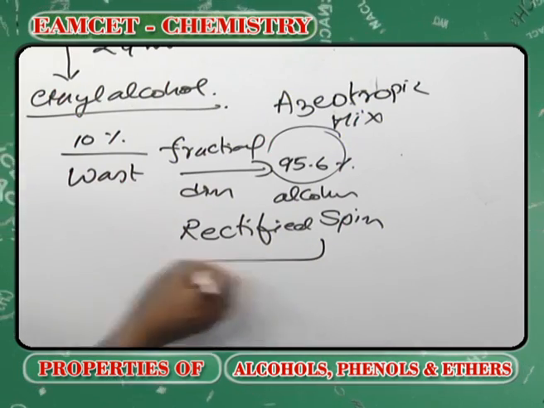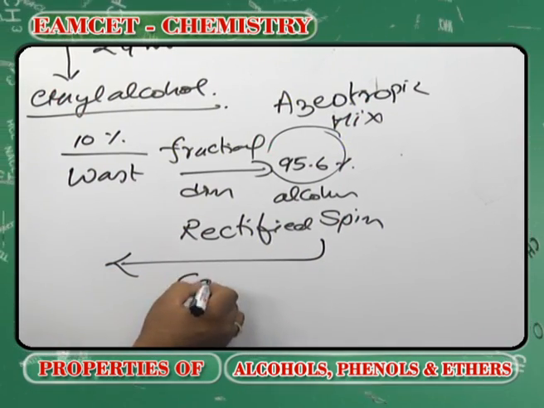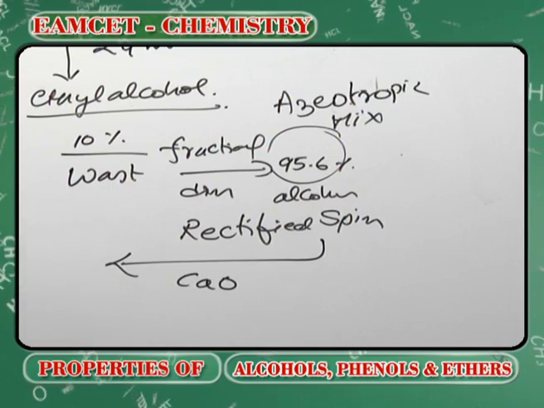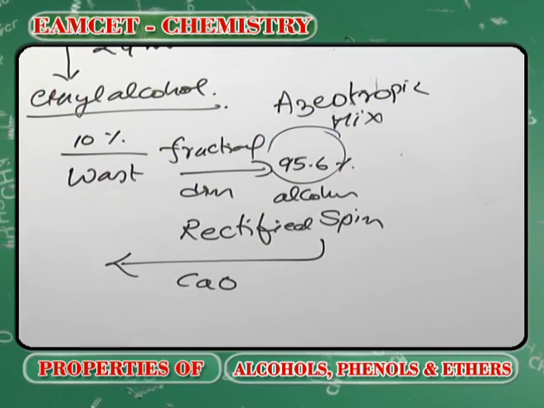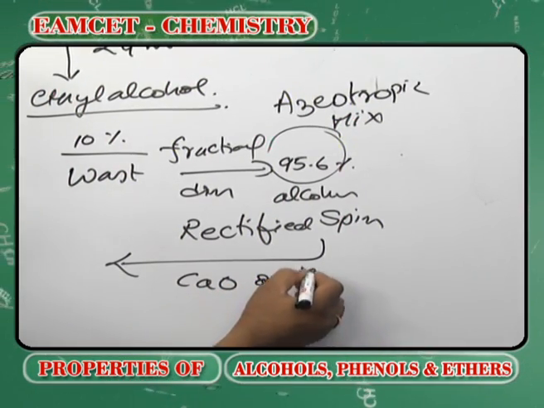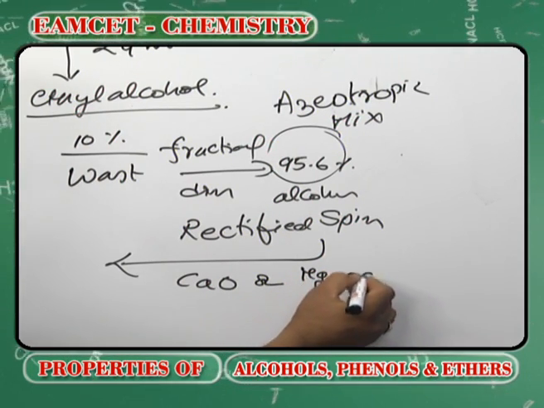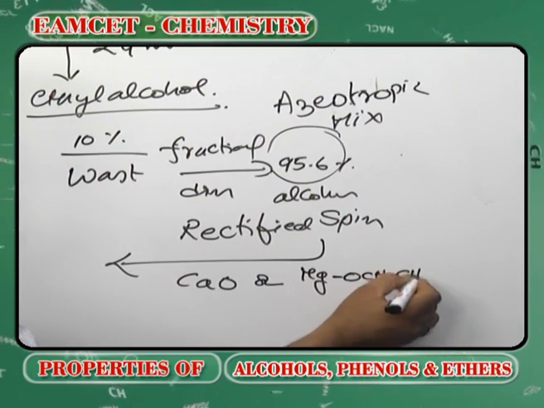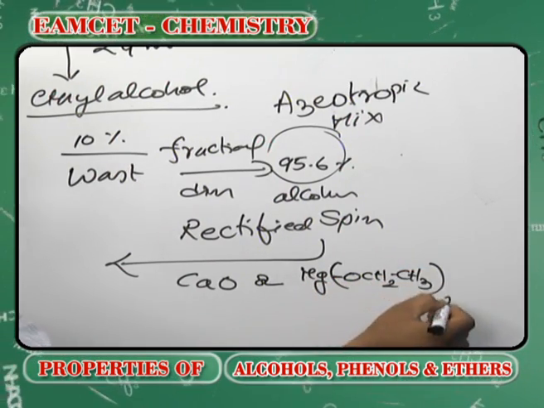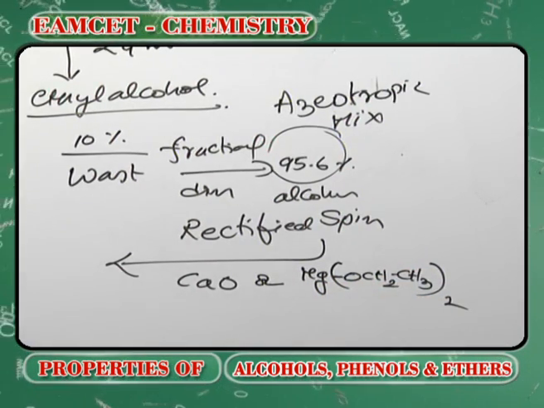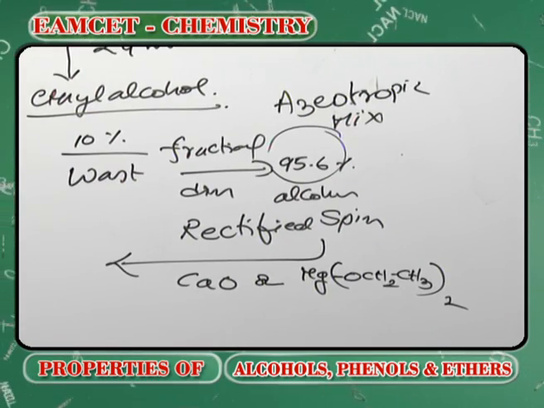You have to use some chemical process, like adding slightly heated calcium oxide, or you can use some magnesium ethoxide, the ethanol salt of magnesium. Magnesium ethoxide or sometimes magnesium foils can also be used.